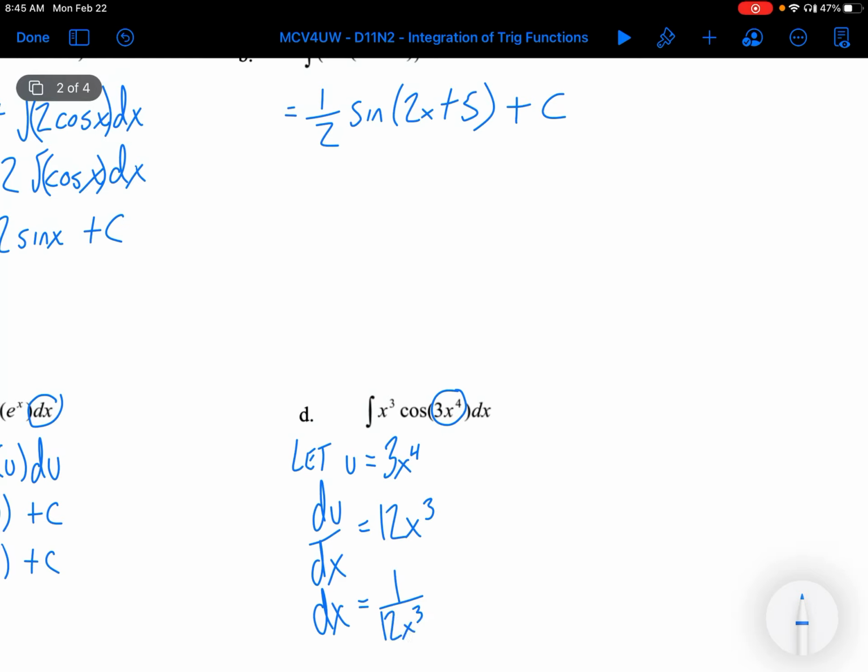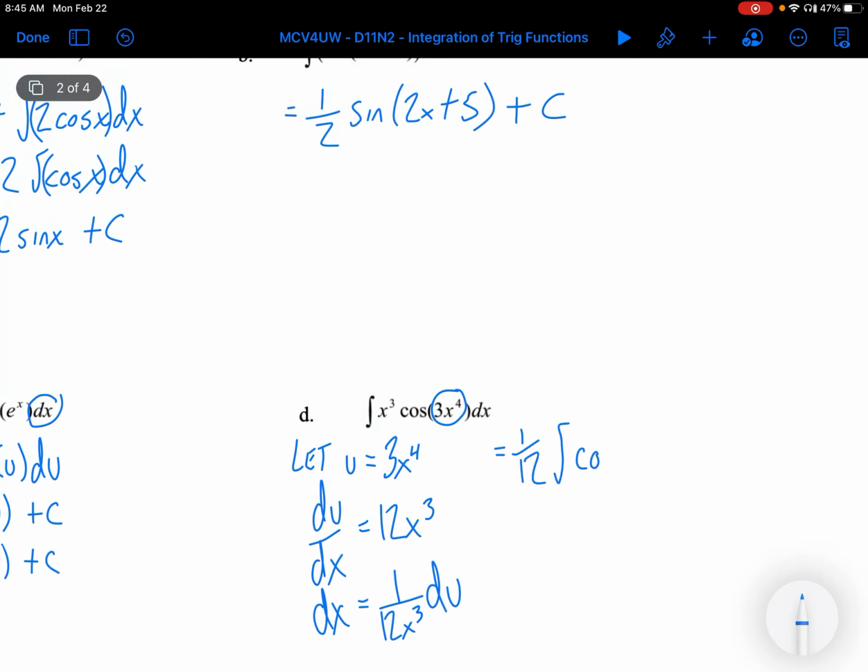Okay, and that's du. So that's going to cancel that out, but we're going to have the 1 over 12 on the bottom. So when we substitute all that in, we're going to have 1 over 12 first, because we can always bring that coefficient in front.